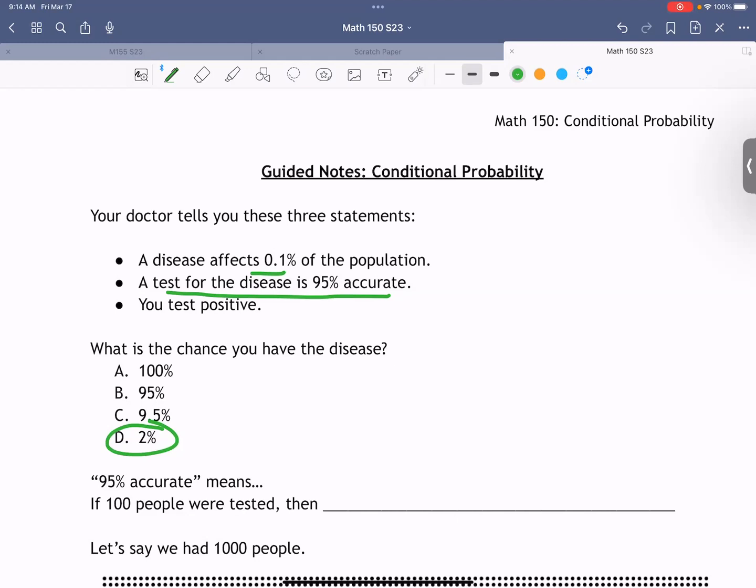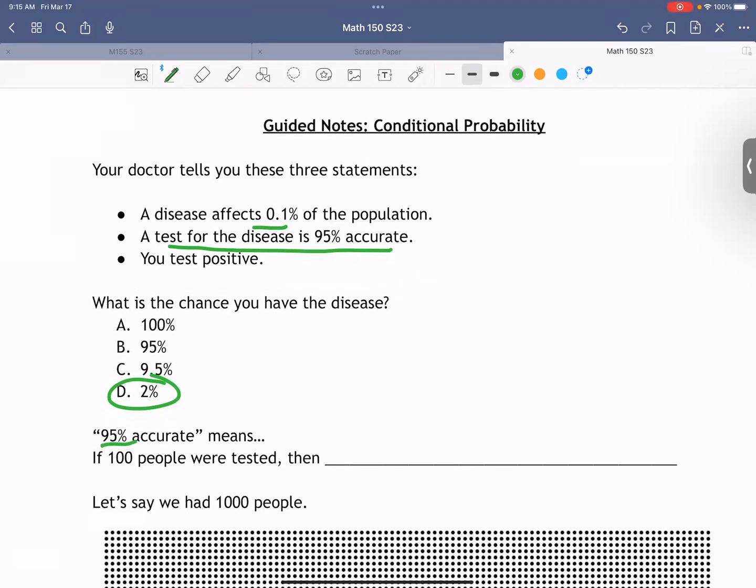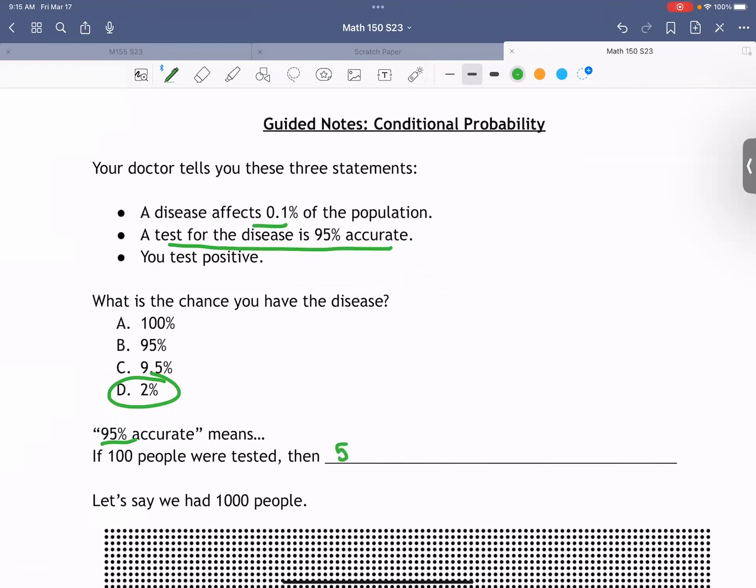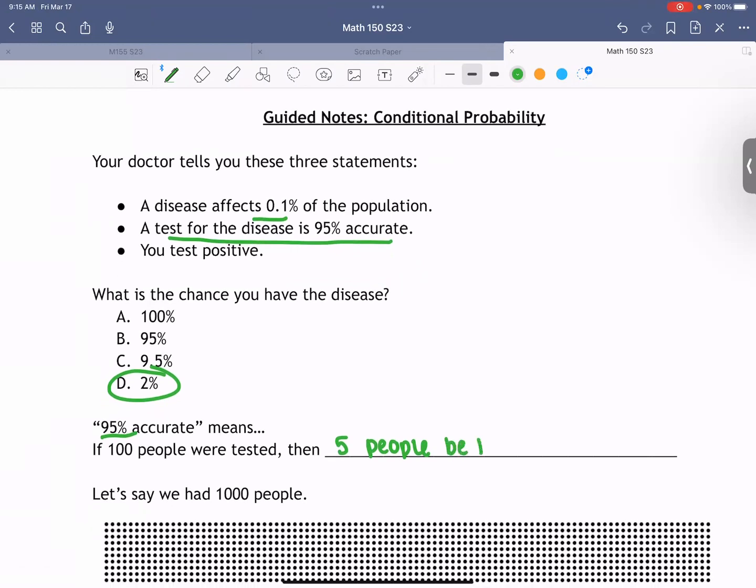Usually, if you hear 95% accurate, what that means is if you test 100 people, then 5 people will be told that they have the disease. So you test 100 people, 5 people will be told they have the disease.